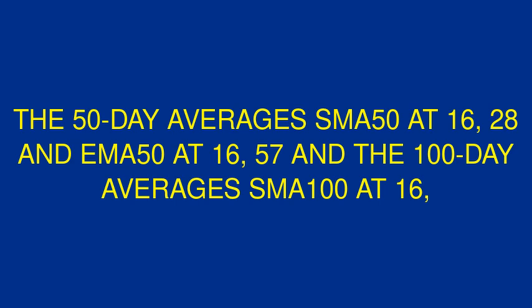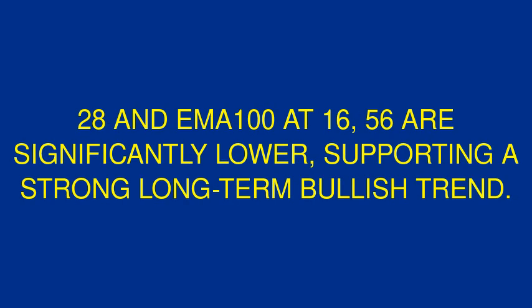The 50-day averages, SMA50 at 16.28 and EMA50 at 16.57, and the 100-day averages, SMA100 at 16.28 and EMA100 at 16.56, are significantly lower, supporting a strong long-term bullish trend.